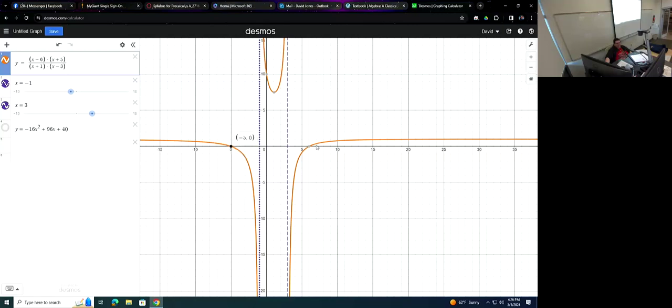And at +6, it's negative before it and positive after it. Well, 6 and -5 just so happen to be where the top is 0. So where the bottom is 0 can change things, and where the top is 0 can change things. That's the full takeaway.